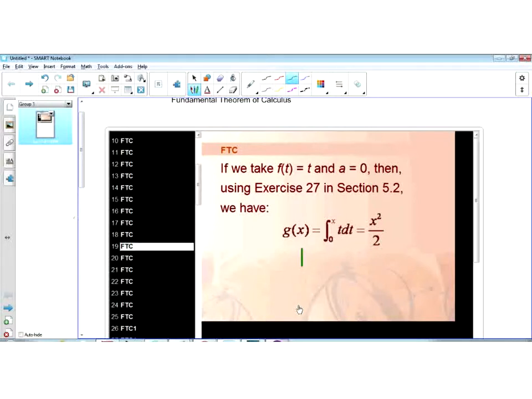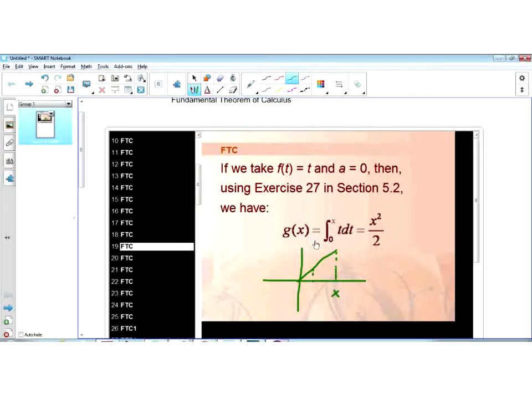So f of t is equal to t, and we want to evaluate its integral from 0 to x. So we're trying to find g of x, which is evidently equal to the integral from 0 to x of t dt.